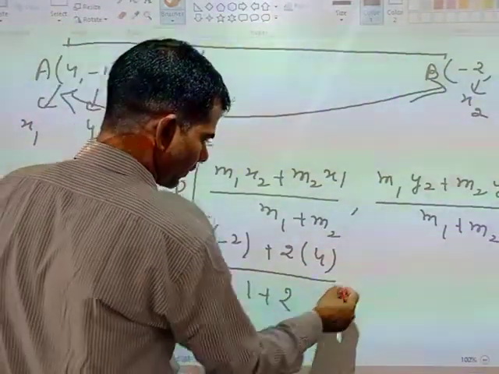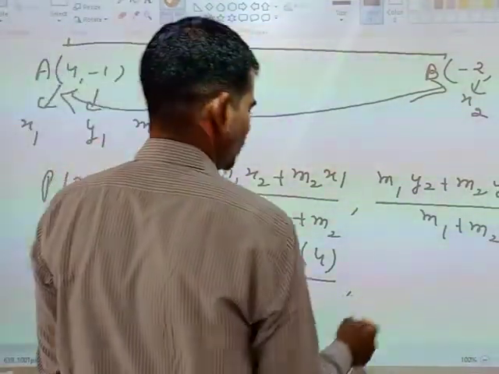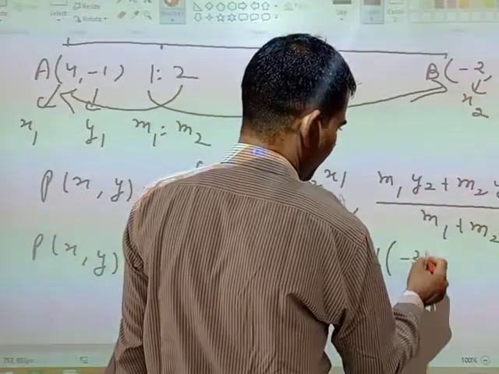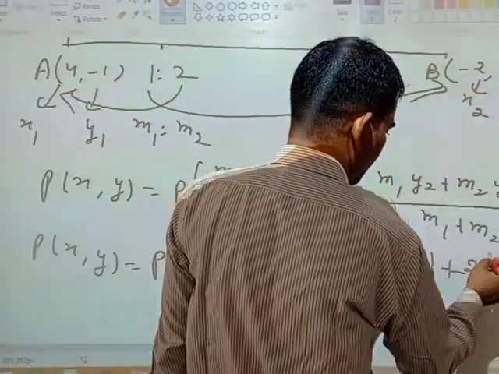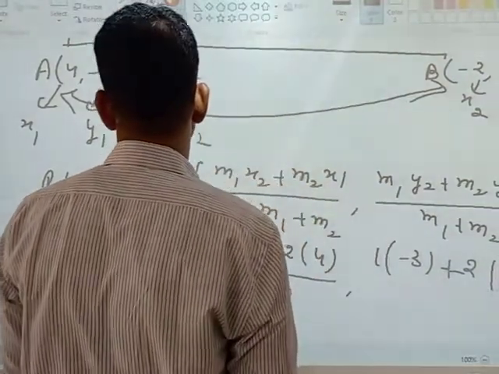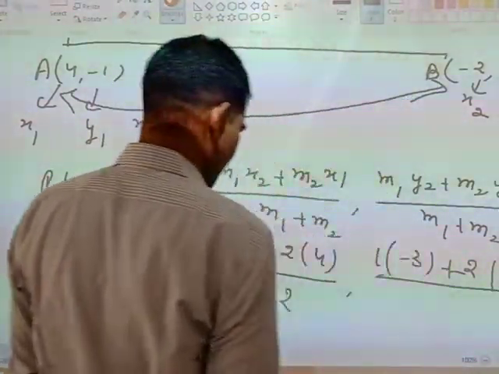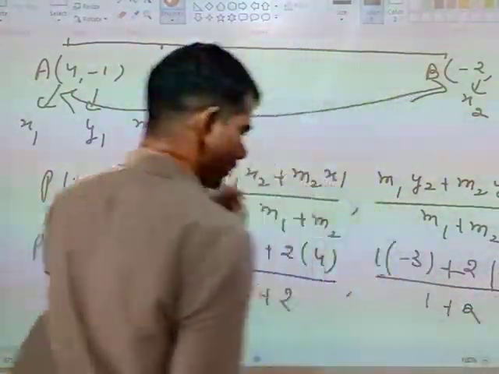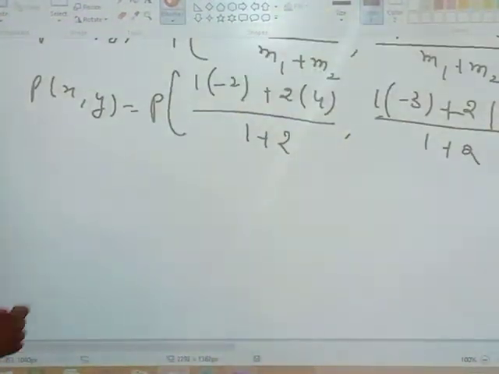What is y2? y2 is -3. m2 is 2, and your y1 is -1. m1 plus m2, 1 plus 2. The coordinate of point P(x, y).